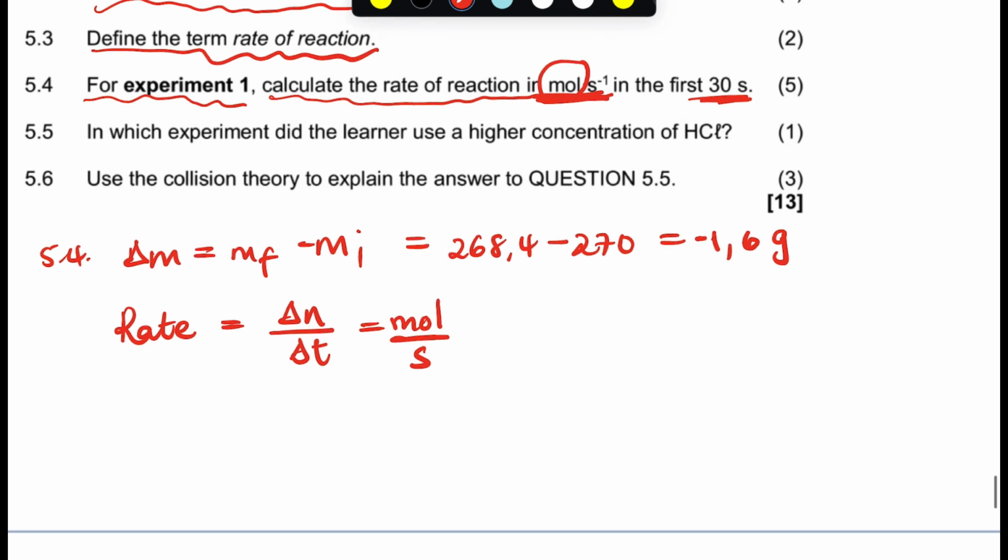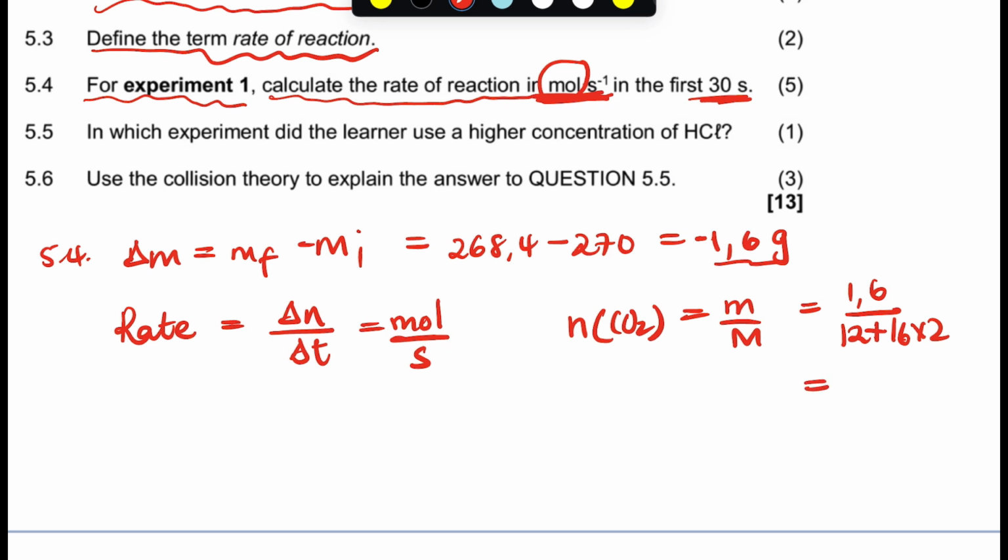So first we need to change this mass into number of moles. The number of moles of carbon dioxide is equal to mass over molar mass. So it's going to be 1.6 divided by the molar mass of carbon dioxide, which is 44, which is 12 plus 16 times 2.